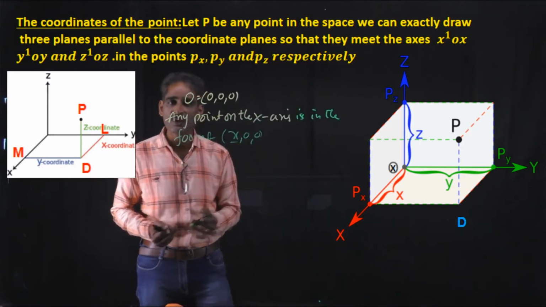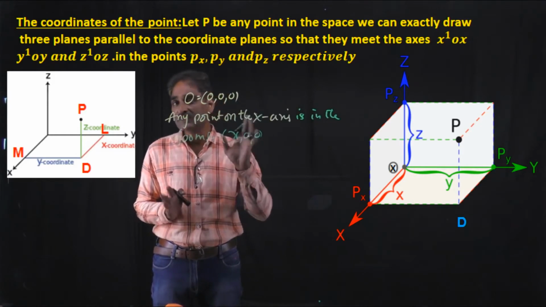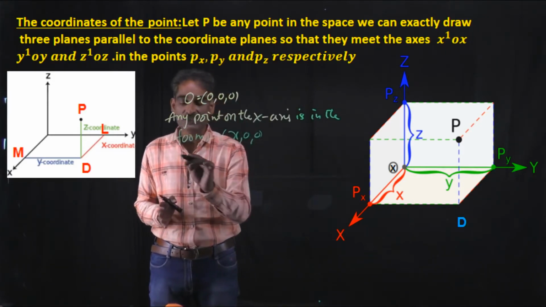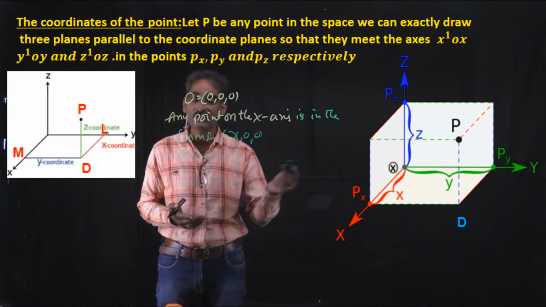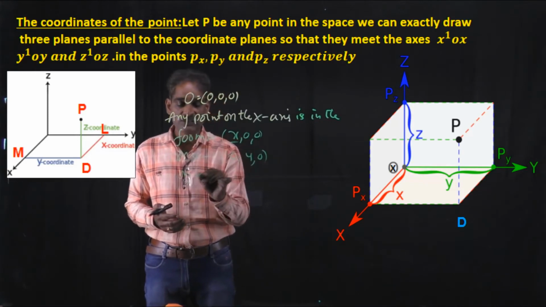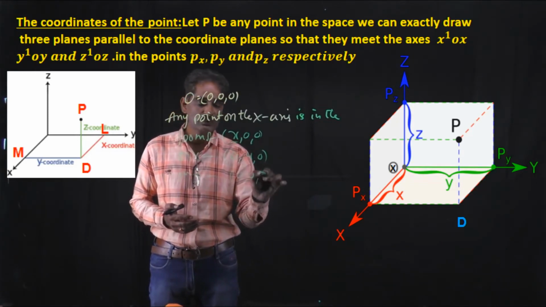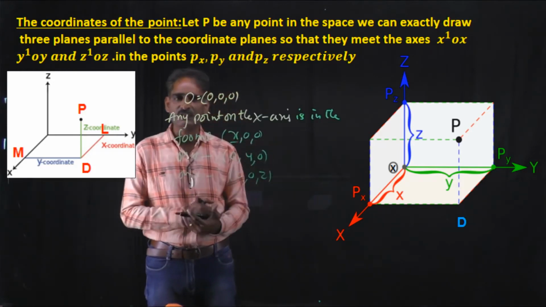This is the x coordinate. What would be the real number in place of x? But y and z should be zeros on the x-axis. Similarly, on the y-axis, the x coordinate and z coordinate are 0, so 0, y, 0. On the z-axis, 0, 0, z. These are the general standard forms on the axes respectively.